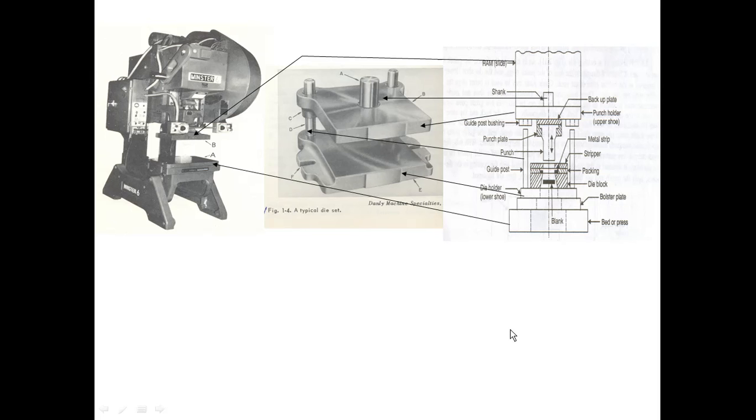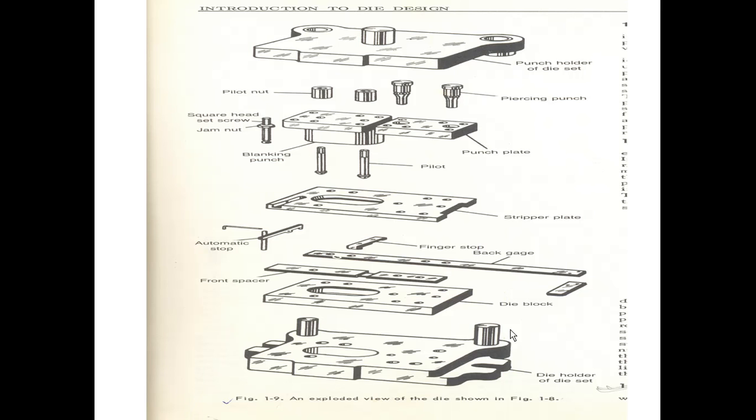So this is the actual assembly. Now let us see the actual parts of the press tool. You know the punch and die are two major important elements required for the cutting or forming operation. Here you can observe the blanking punch, and there may be piercing punches.